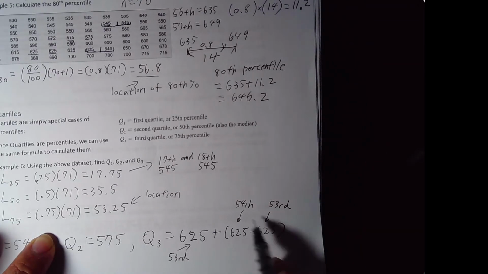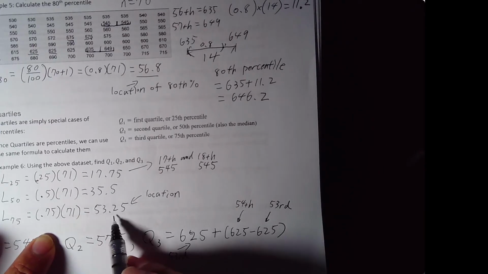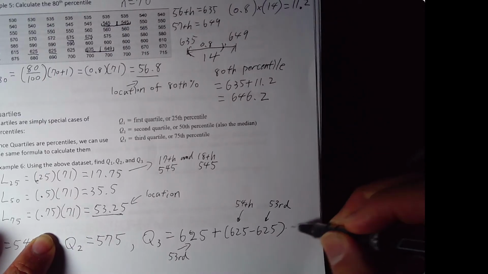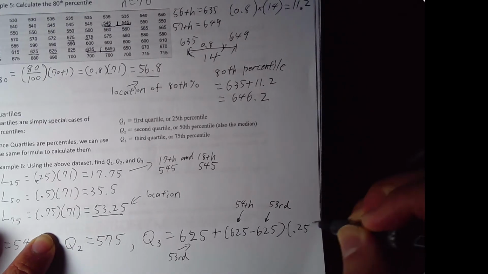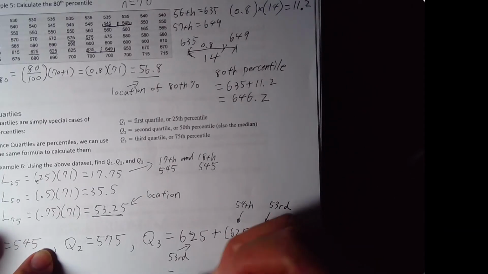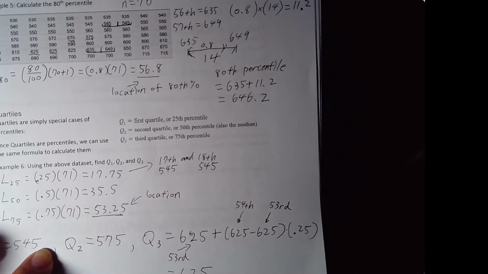The reason we're doing this is because the location that we calculated is 53.25. Minus these two, times 0.25, and then subtract these two, and we get 625 because this difference is 0.